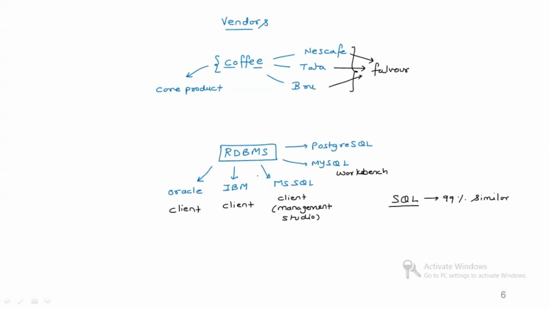Now, before we proceed forward, let me give you a quick history of how and who invented RDBMS. In 1970, there was a person working at IBM named E.F. Codd. This person introduced and released a paper in the market regarding relational databases, relational tables.